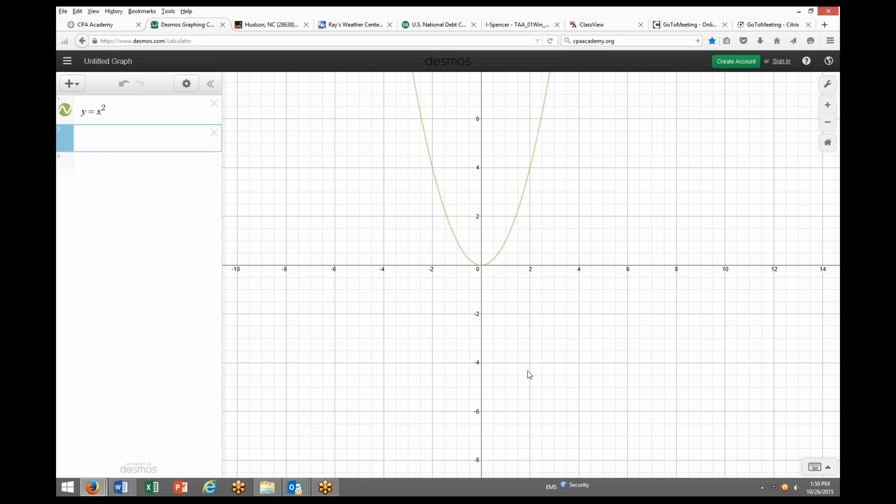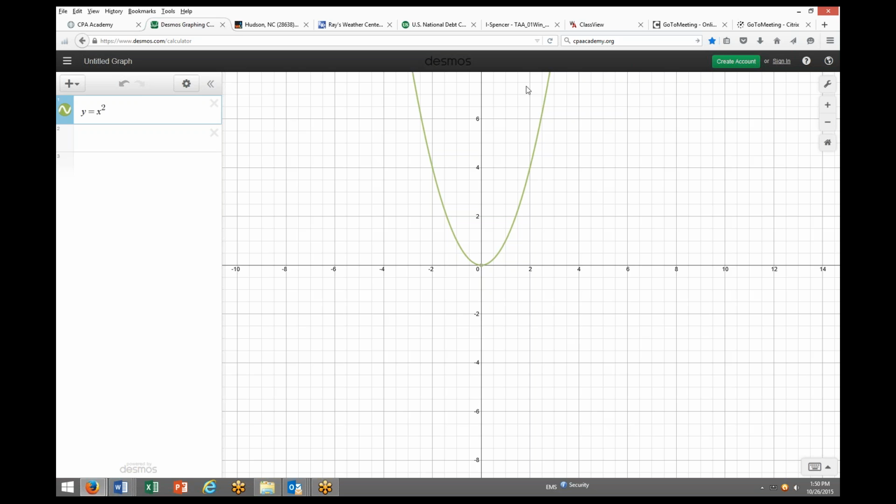It no longer goes infinitely down or infinitely up. It only goes infinitely up, and that's it. So it goes up to the left and up to the right. It does not go down at all. It has, in fact, a minimum point right at the origin of 0, 0. That is its minimum point. We also call that the vertex, of course, for a parabola.